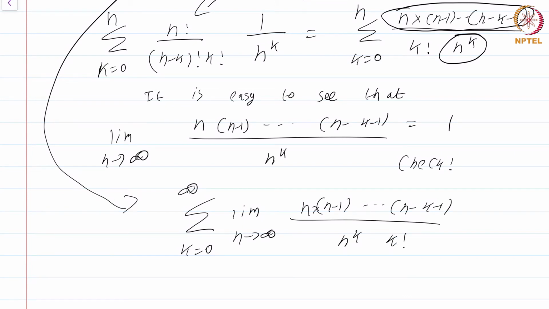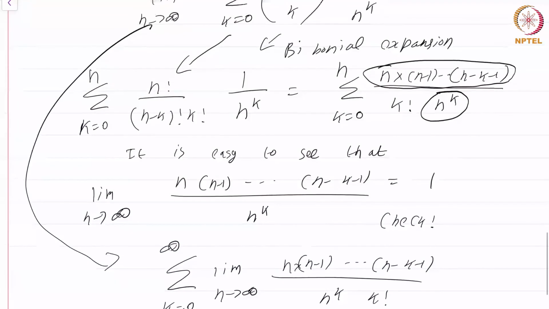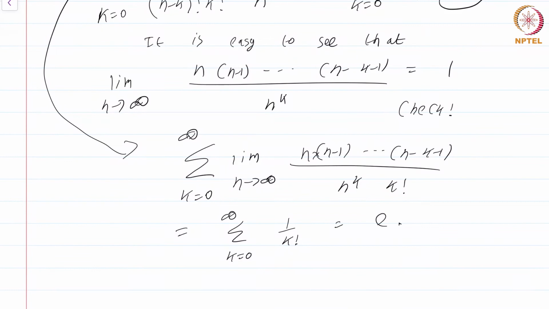We know that this limit is 1, so we will end up with summation k equals 0 to infinity 1 by k factorial, which is exactly e. The only problem is this step where I'm just sneakily taking the limit inside, and applying the limit requires a proof.